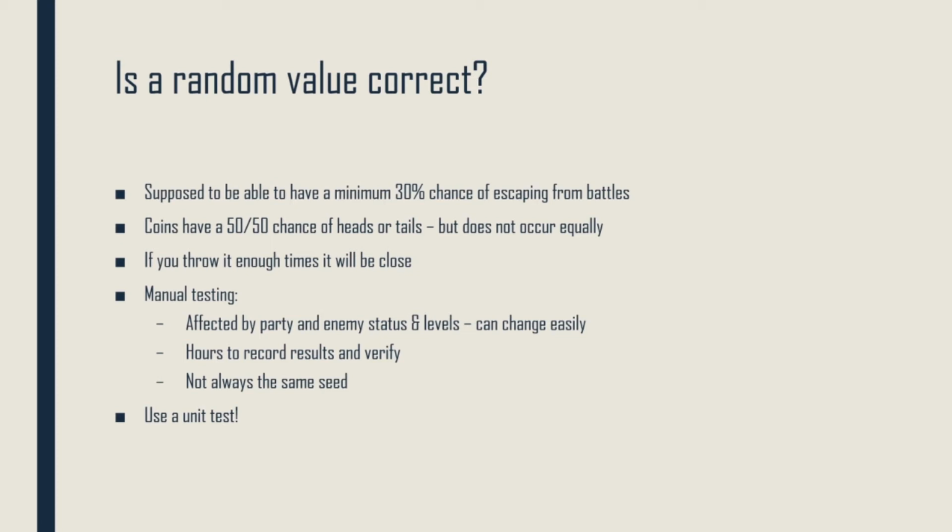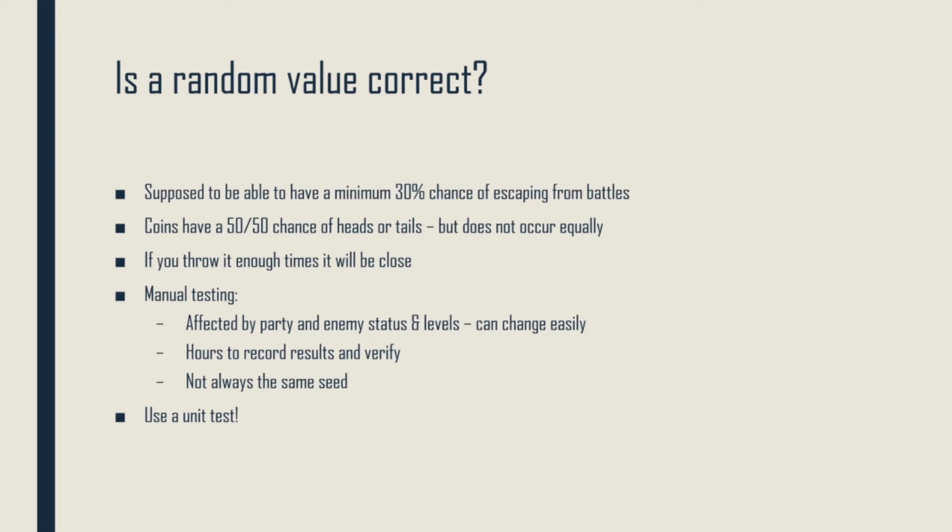So when you have to do these random values, you have to run the same sequence over and over and over again to be sure that with the same configuration, it happens 30% of the time. So for a manual tester, this is really hard because the whole system changes: your party setup, your enemy statuses, the levels.